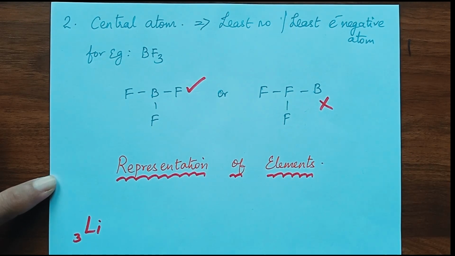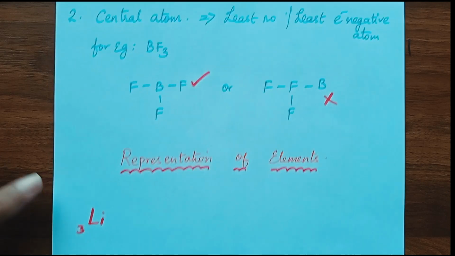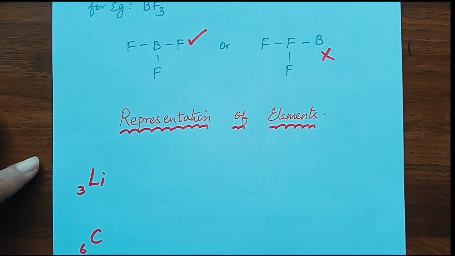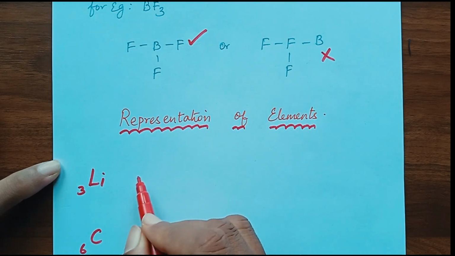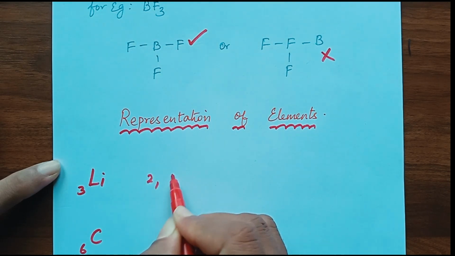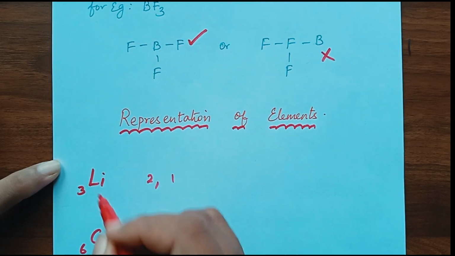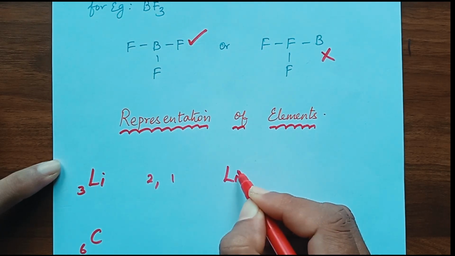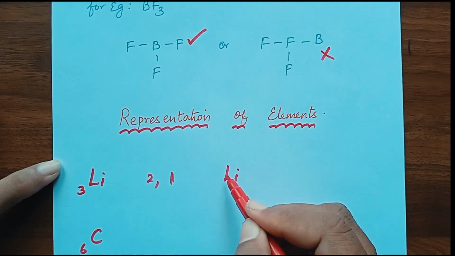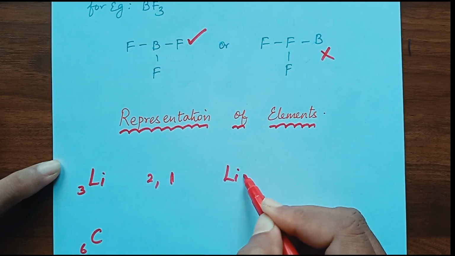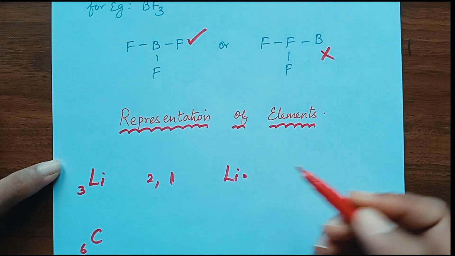Okay, next we see some representations of elements using Lewis dot theory. Here I have taken some examples. For lithium, the electronic configuration is 2, 1. So we have one valence electron, and we can represent it by a single dot.